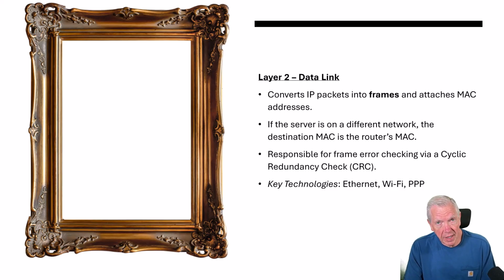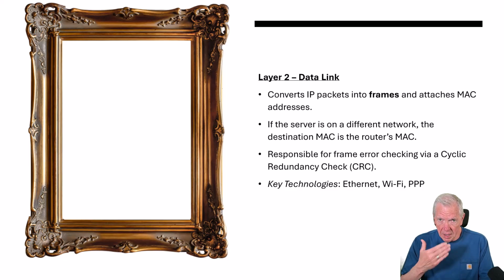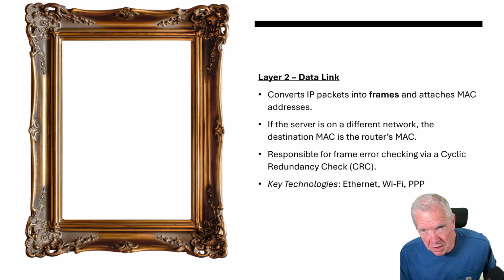If the server is on a different network, and this is what I was talking about, we need to see a video on this. If the server is on a different network, the destination MAC is initially the router's MAC. So the idea is that you go to the router and you say, this is my MAC, this is your MAC. And then the router says, okay, you need to go here, I'm going to give you this MAC, and you begin exchanging MAC addresses.